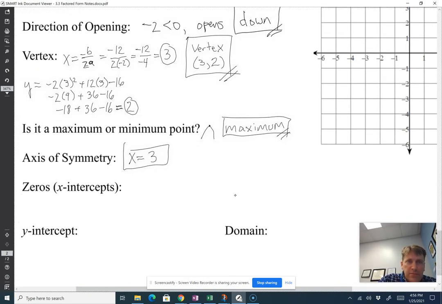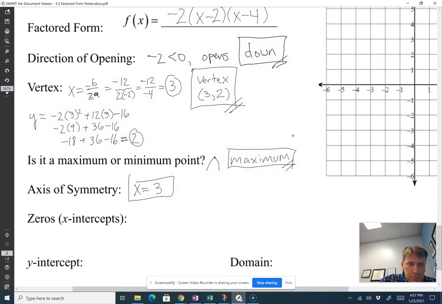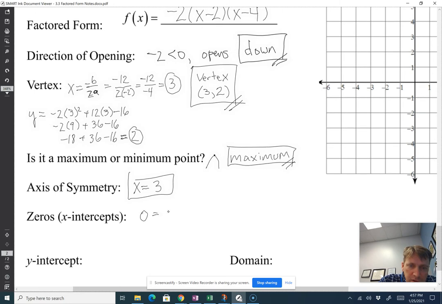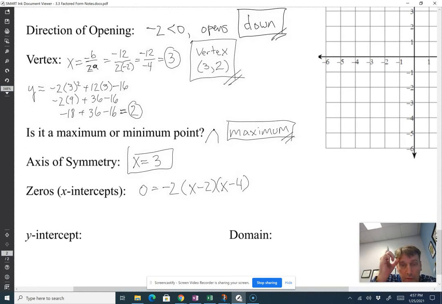Zeros are the x-intercepts. So we've got our factored form. We put 0 equal to -2 times x minus 2 times x minus 4. And remember, with the zero product property, our factors have to be equal to 0. And -2 cannot be equal to 0, so we're going to forget about that one while we're solving these. So I got x minus 2 is equal to 0, or x minus 4 is equal to 0.